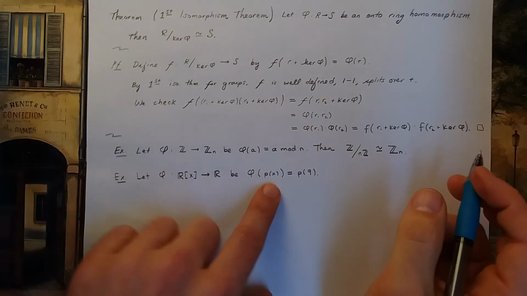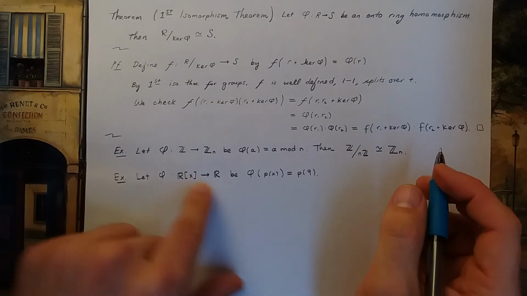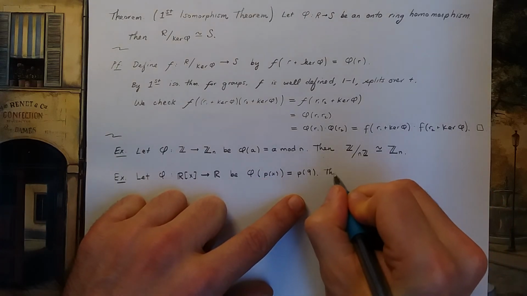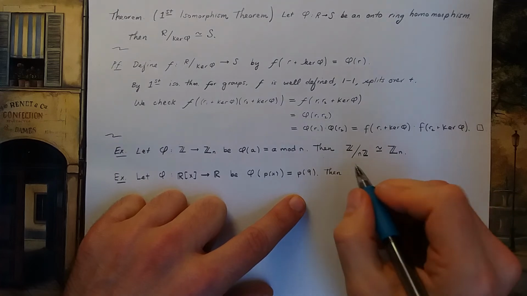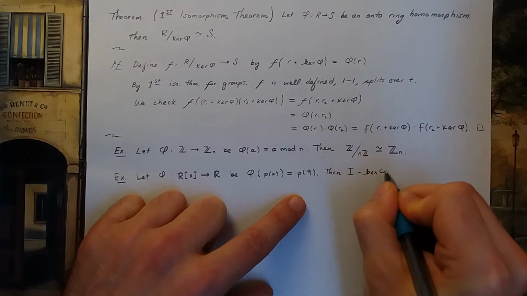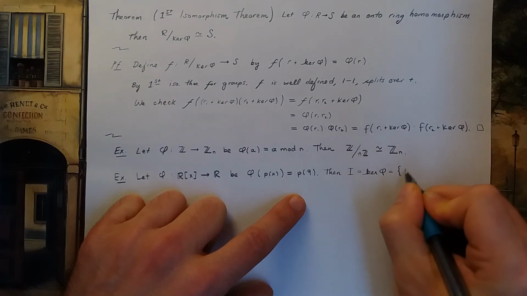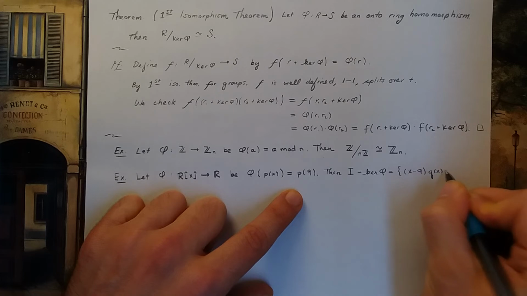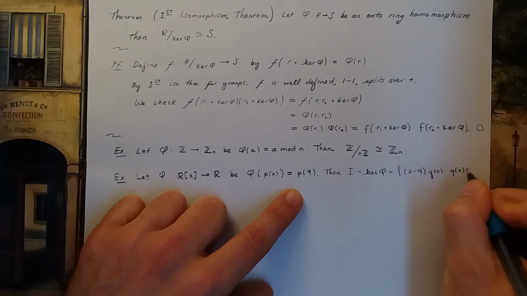So I'm going to plug in 9 for x, turn my polynomial into a real number. Well, then the kernel, I think we've seen in a previous video, is polynomials of the form x minus 9 times q of x, where q of x is a polynomial.